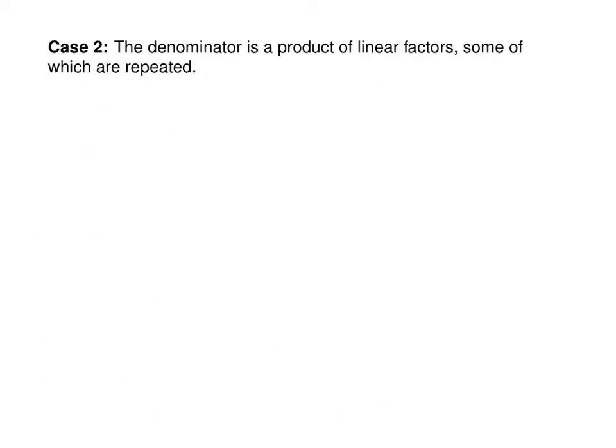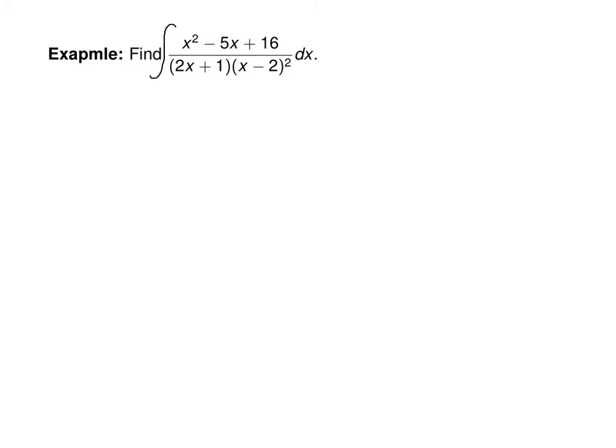The next case we're going to consider is when the denominator is a product of linear factors, some of which are repeated. Here we're going to find the integral of x squared minus 5x plus 16 over 2x plus 1 times x minus 2 squared. So the x minus 2 factor is repeated twice.